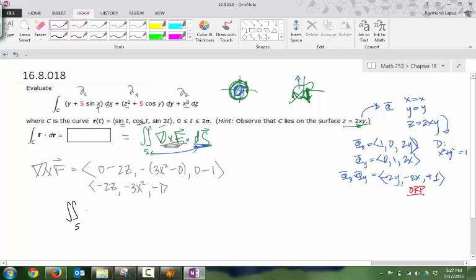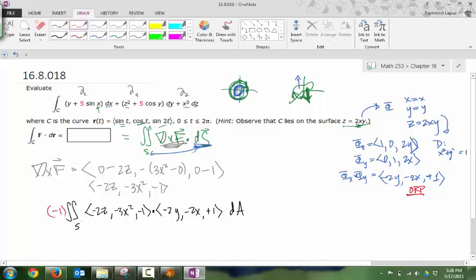So we've got a surface, we've got this vector, minus 2z, minus 3x squared, -1, dotted with minus 2y, minus 2x, plus 1, dA, and then we'll throw that -1 for our orientation reversing parameterization that we created.